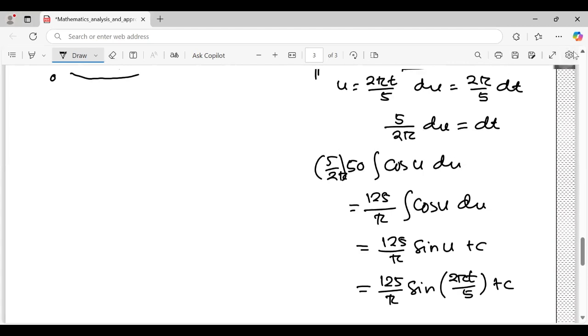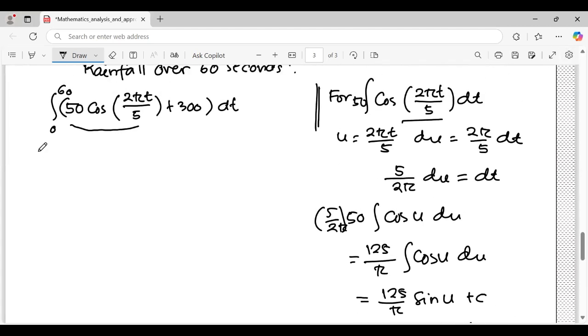Right, so this part's integral is 125 over pi sine(2 pi t over 5) plus 300t.